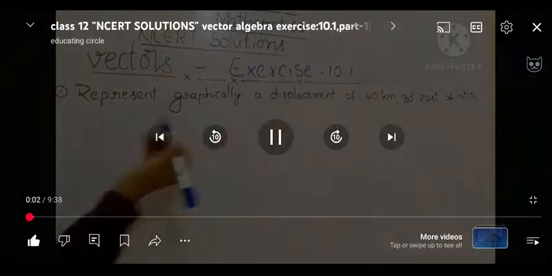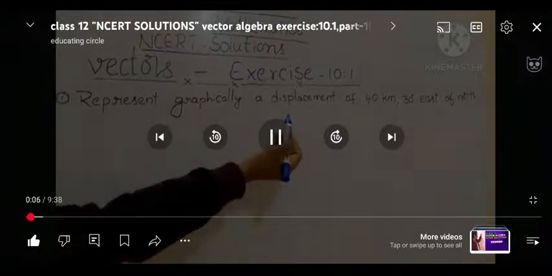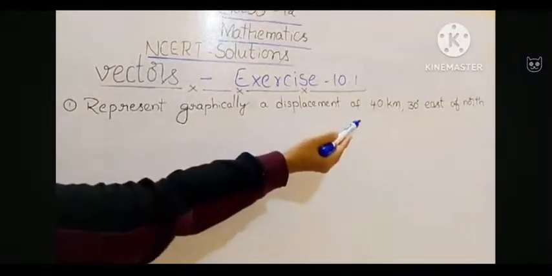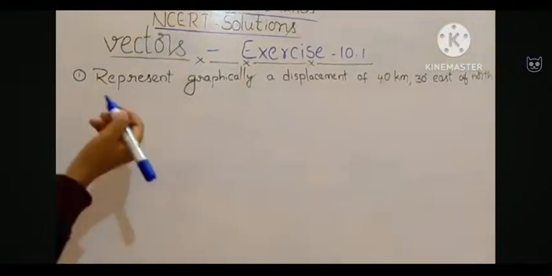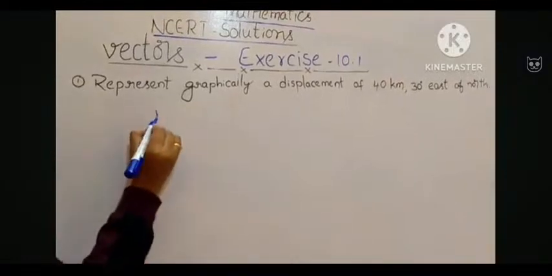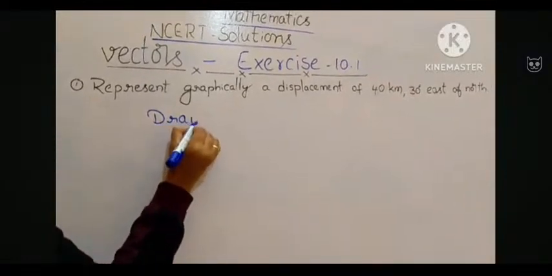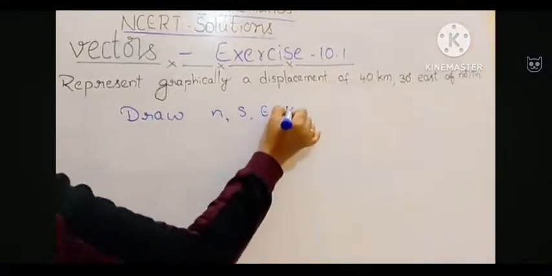Exercise 10.1. The first question is, represent graphically a displacement of 40 kilometers 30 degrees east of north. For this, I will explain. First, we need to draw the north, south, east, west directions.